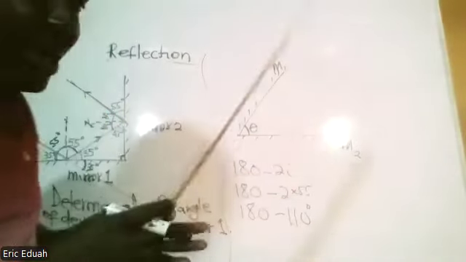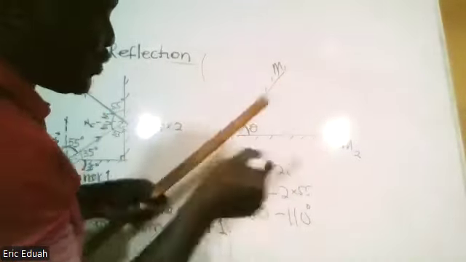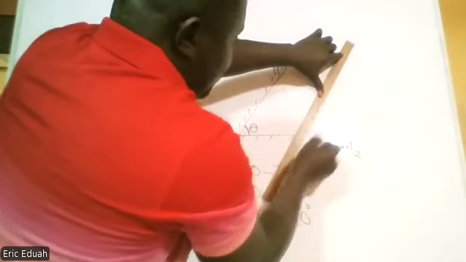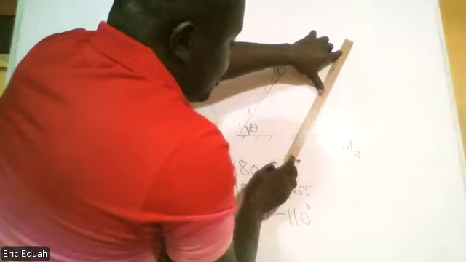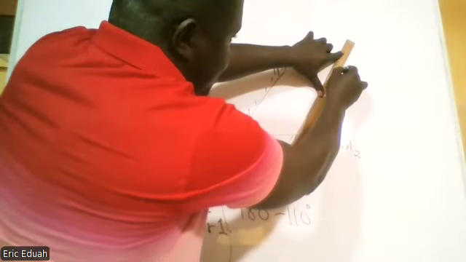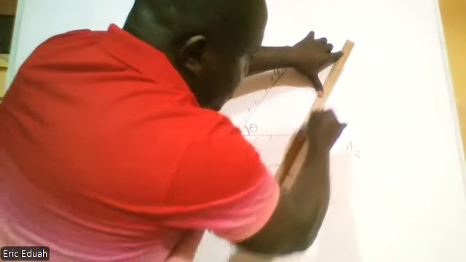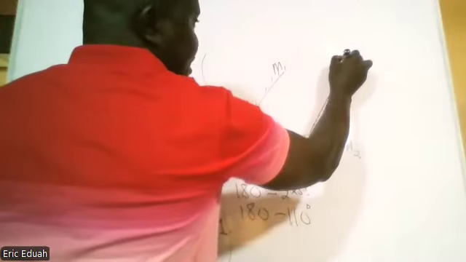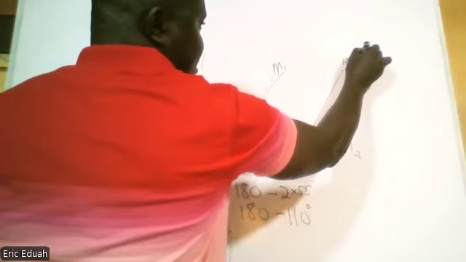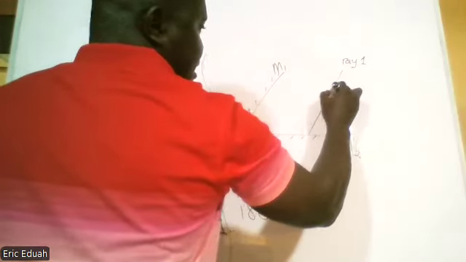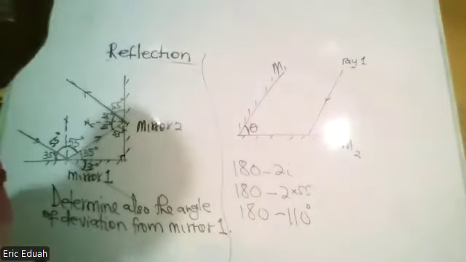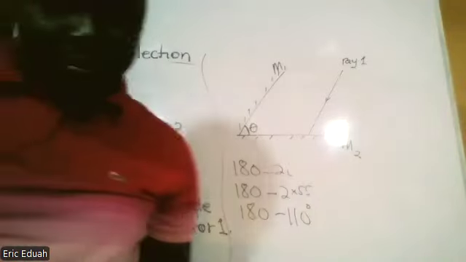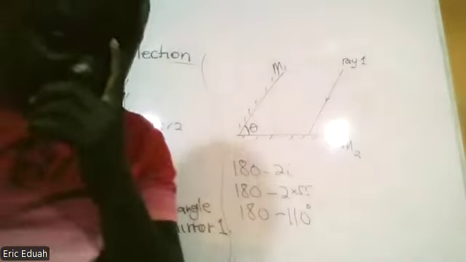This ray is parallel to mirror 1, sorry, and strikes mirror 2. So this is the ray 1. It is parallel to mirror 1 and then strikes M2. Are we there?